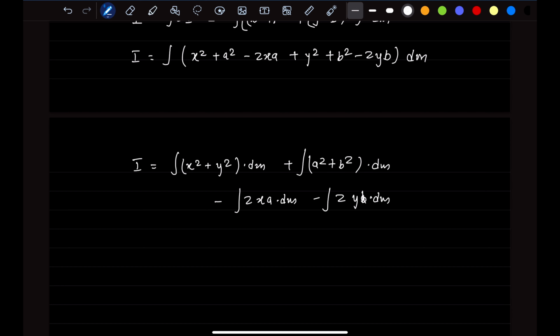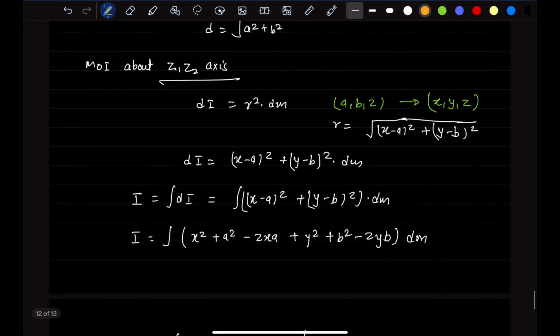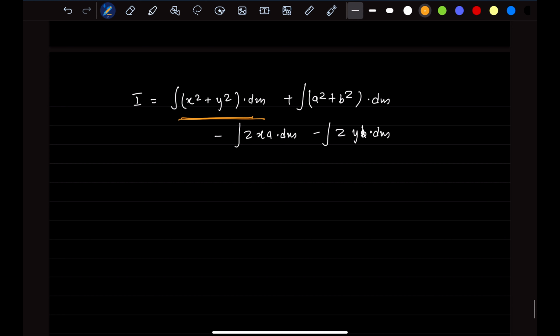Now, do you see something familiar? That is equation 1, right? The integration of x square plus y square dm, isn't it? So I is I_CM. And what is a square plus b square?